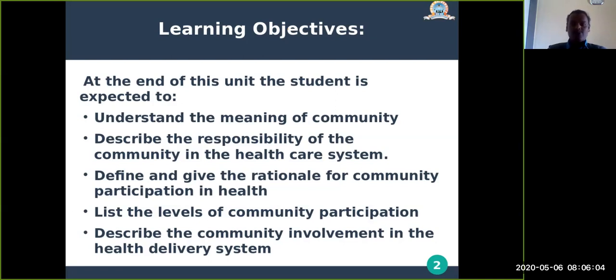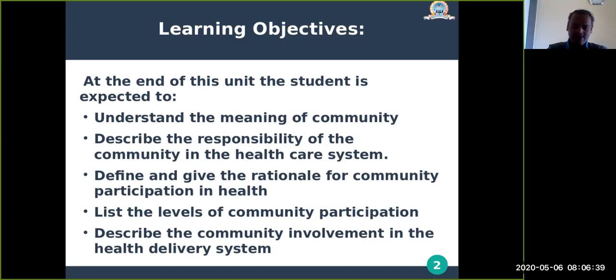Then you should be able to describe the responsibilities of the community in the healthcare system, because the roles and responsibilities were defined by the Alma-Ata declaration. There are rights also given to the community, and responsibilities also endorsed for the community under the Alma-Ata declaration.